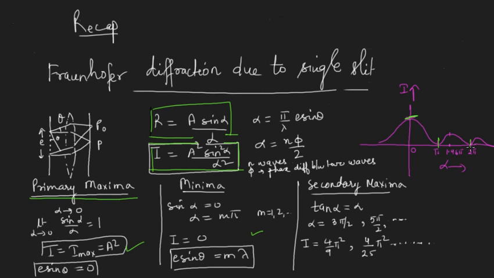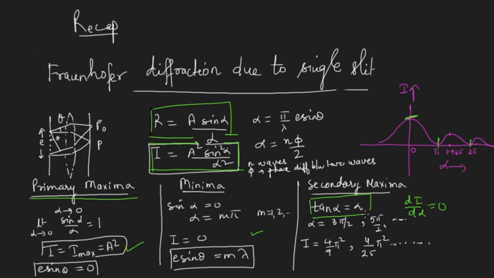In order to find other maxima, we used the general equation for maxima and minima, dI by d alpha is equal to 0. And we got the intersection points of two equations, tan alpha is equal to alpha.